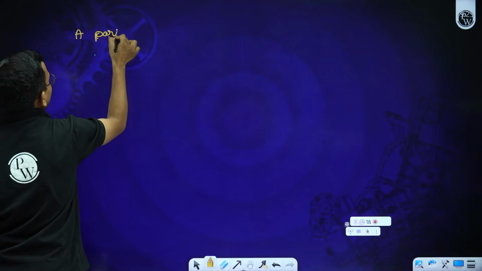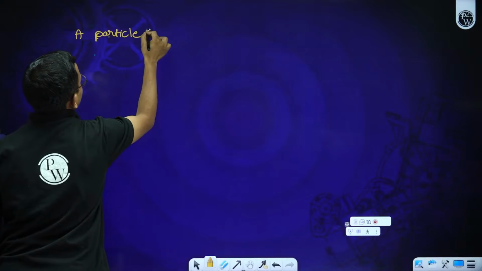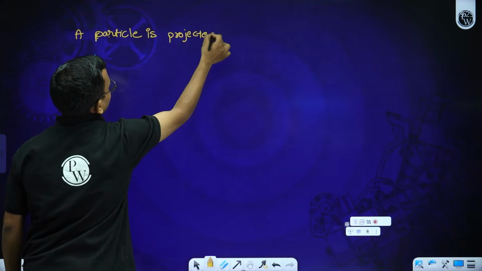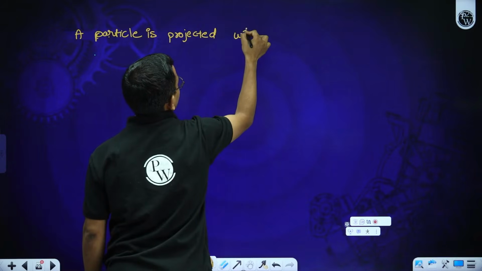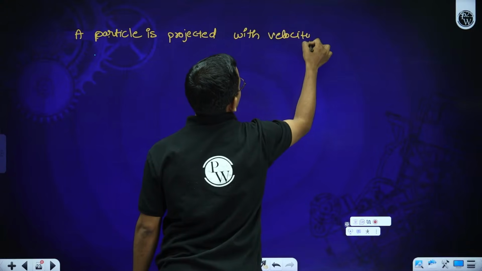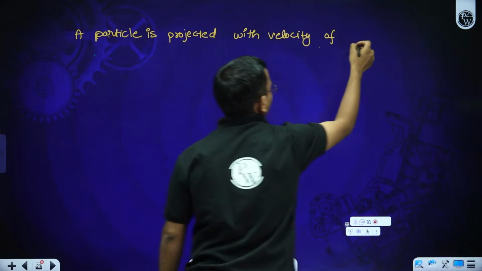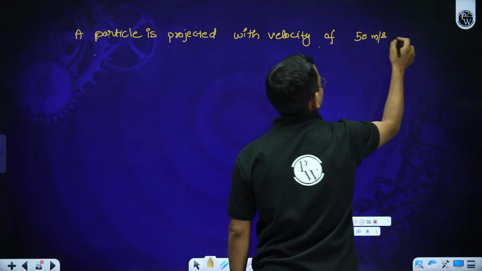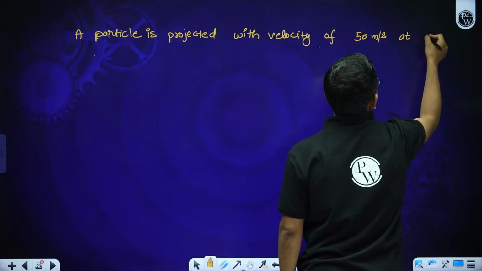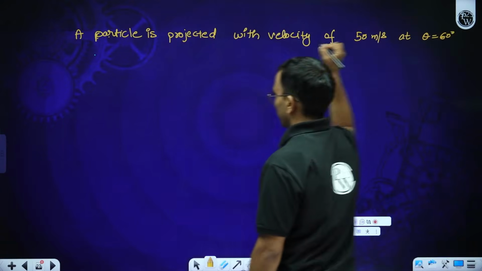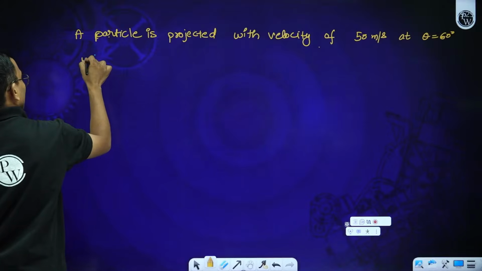A particle is projected with velocity of 50 meter per second at theta equals 60 degrees with the horizontal.